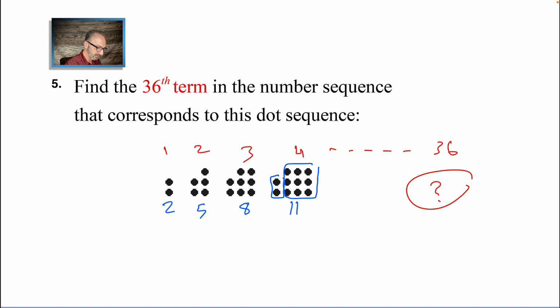Notice the graph is showing me a pattern. To go from the first to the second, we are adding what? 3. Then we're adding another 3. Then another 3. Which is clear that we are adding 3s.